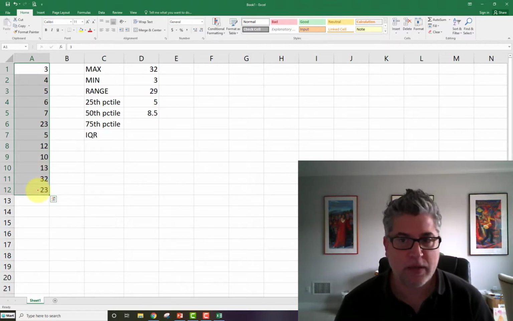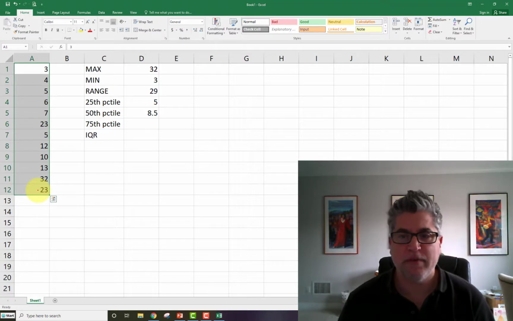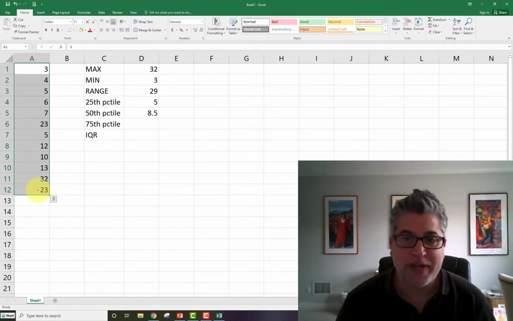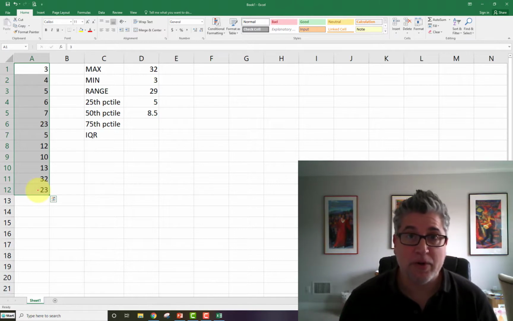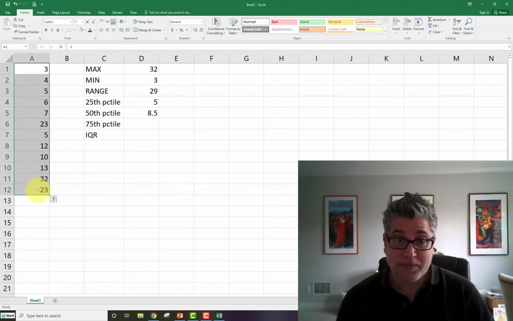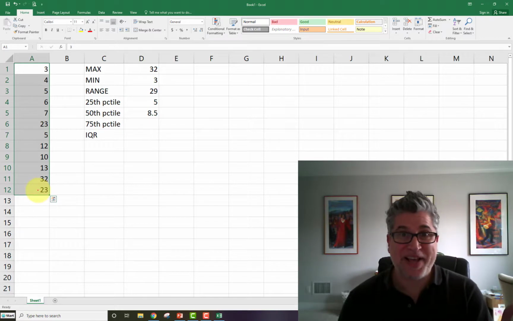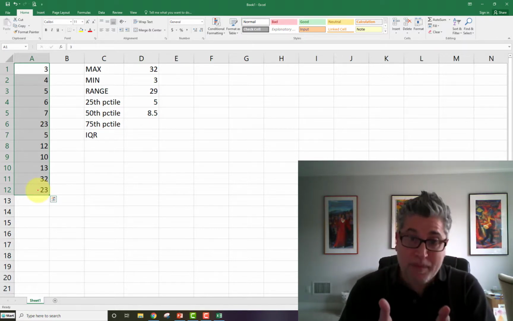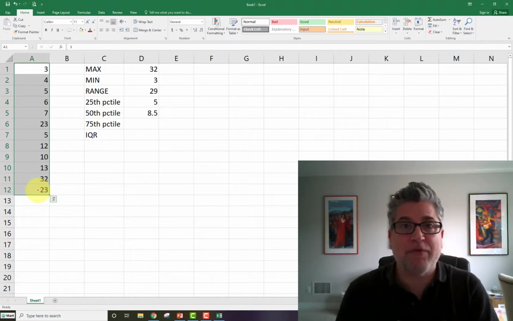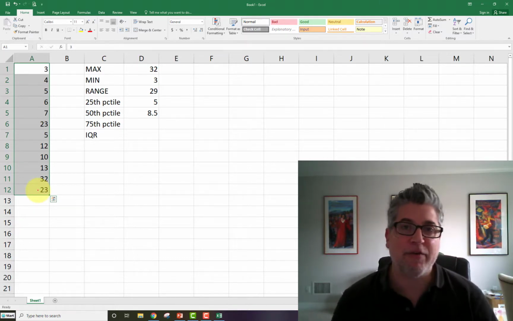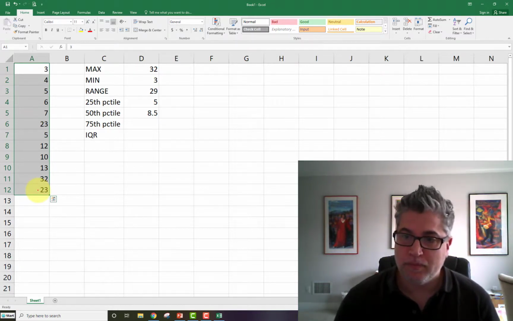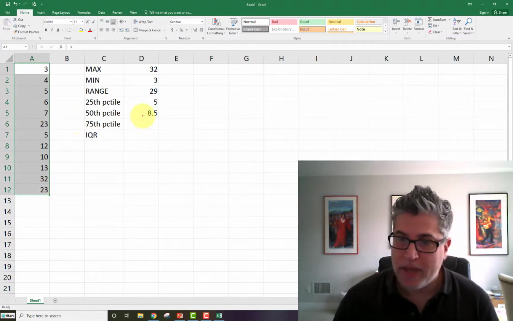Can you tell why? Why would it give me a number I don't even have? Because there's an even number of observations. There is no middle number when you've got an even number. Half are going to be more than that number. Half are going to be above that number. There's no odd number sticking out for us to pick. So we just need to take the average of the two most middle numbers. So 8.5.